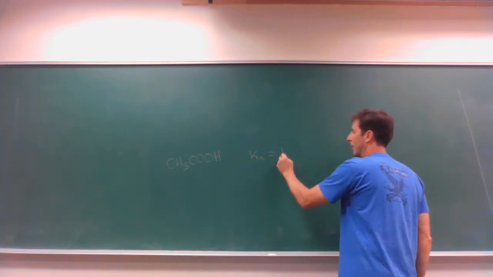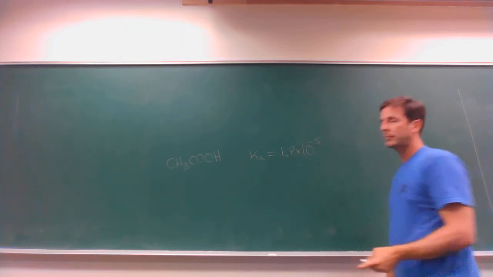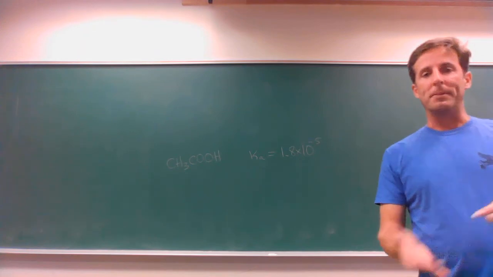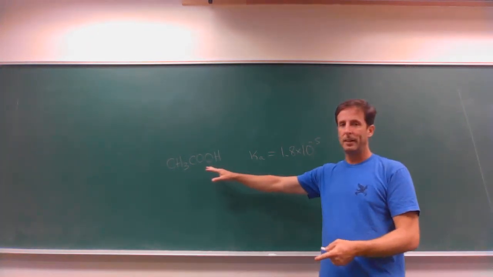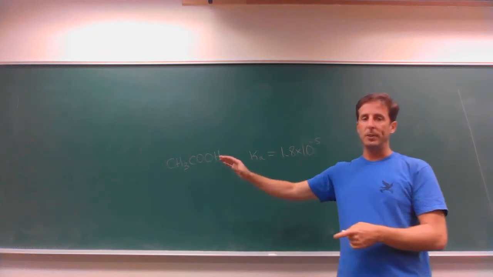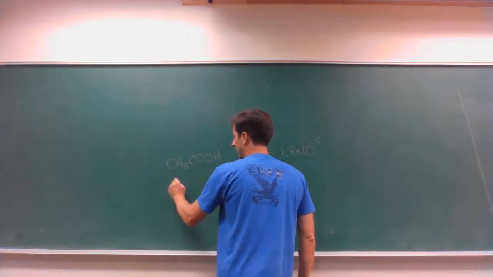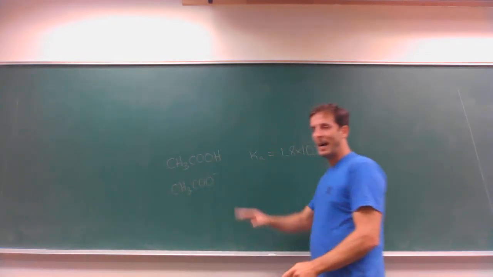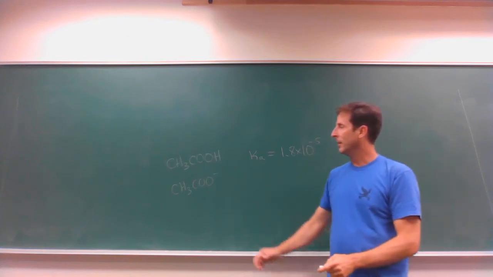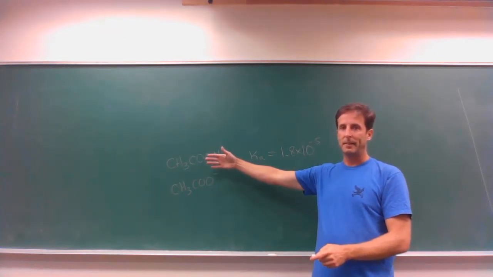Ka for acetic acid is 1.8 times 10 to the minus 5. But there are going to be times when we are working a problem that instead of having acetic acid, we may be dealing with its conjugate, which is acetate. So acetate, CH3COO minus, if that's what's present in the solution, this is the conjugate base of acetic acid.